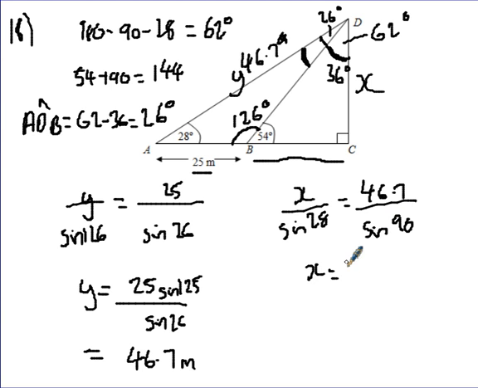So x then is 46.7 sine 28 over sine of 90.